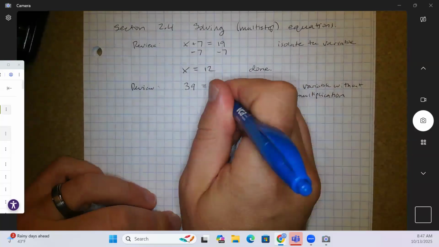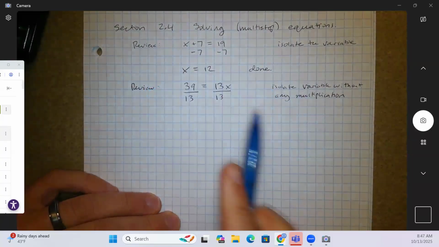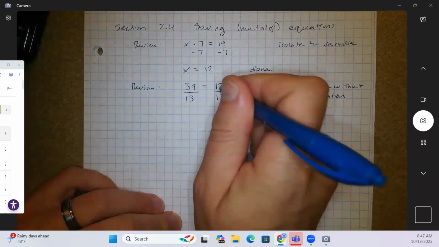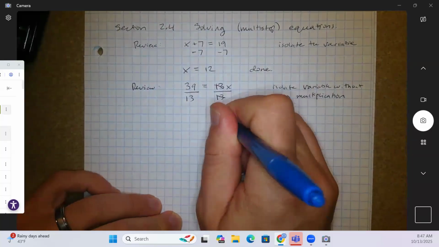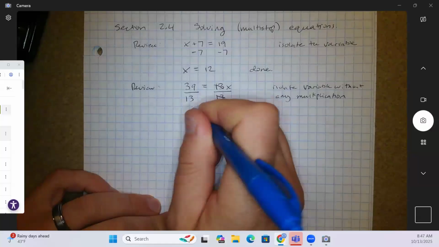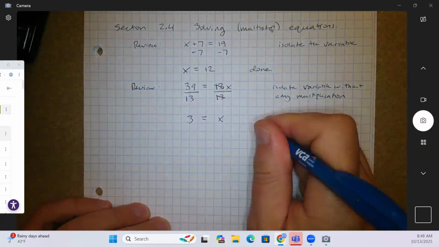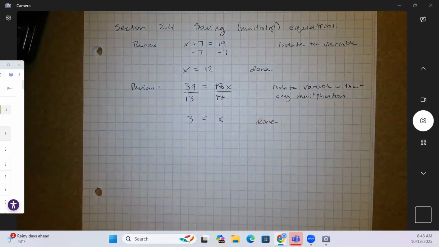Division. So I'm going to divide both sides by that multiple on x that I don't want. Divide both sides by 13. And 13 divided by 13 cancels to become 1. And so I have x on the right side, and 39 over 13 is 3. So now 3 equals x, which is the same as x equals 3, and I'm done.